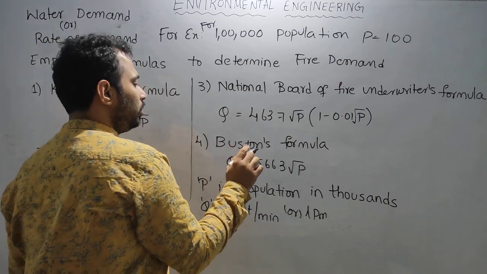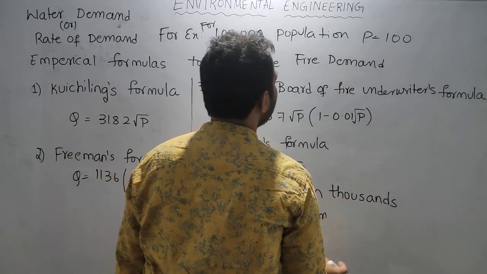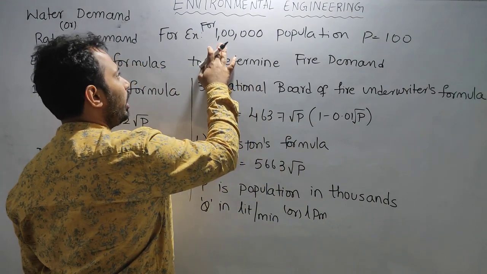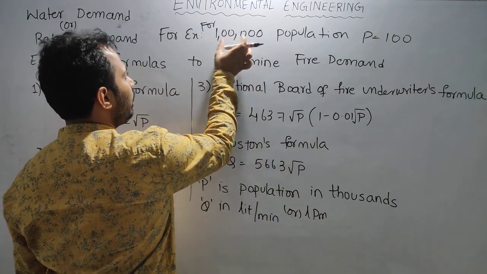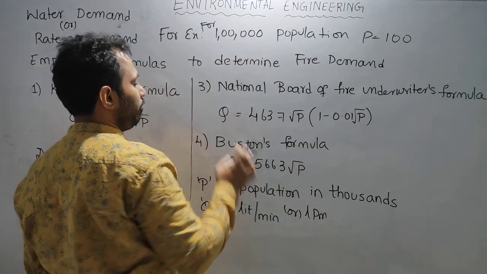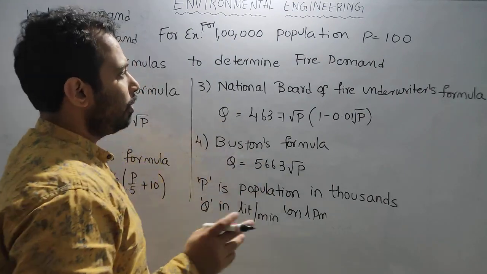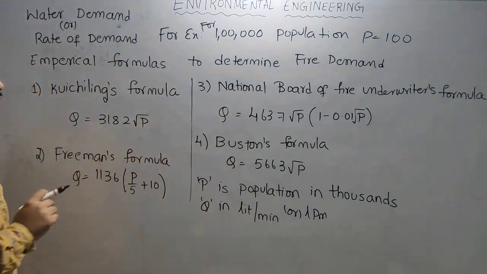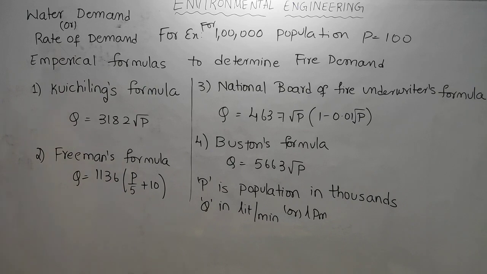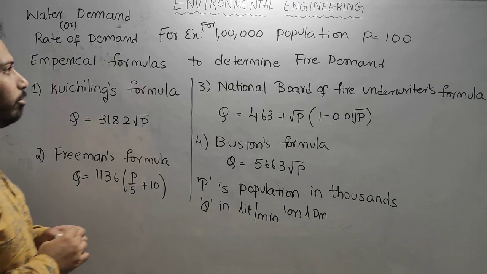You need to substitute P in thousands. That means when the population is 1 lakh, it is 100 thousands, and 100 is the value of P in the formula. So very important, you need to remember the units, otherwise there is no use of remembering these formulas. So this is how we determine the fire demand.